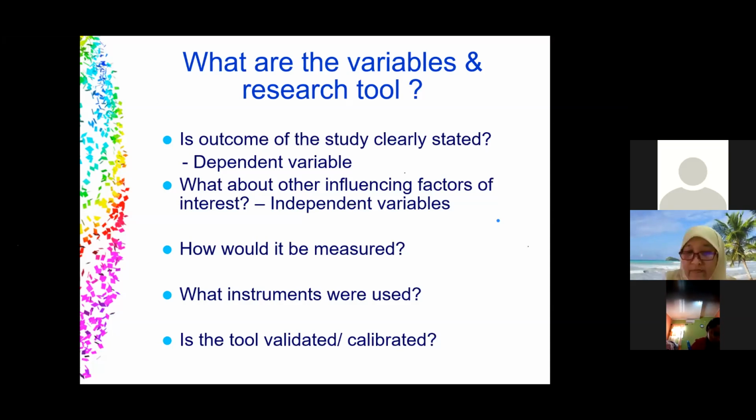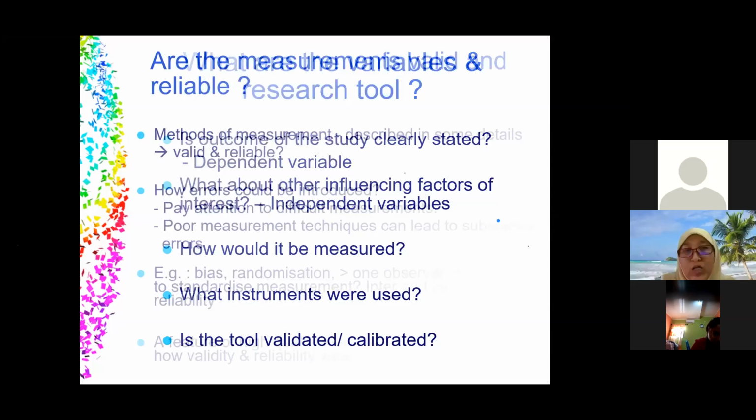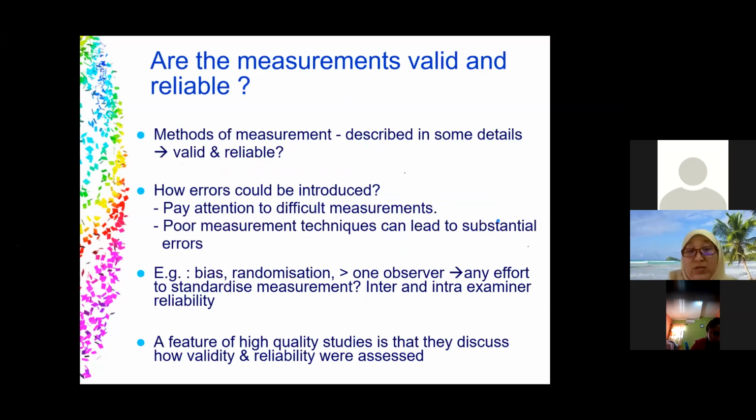Now, when you read, you have to look whether the measurements are valid and reliable. A good paper will describe the methods of measurement in detail. You will find whether there is inter or intra-examiner reliability.